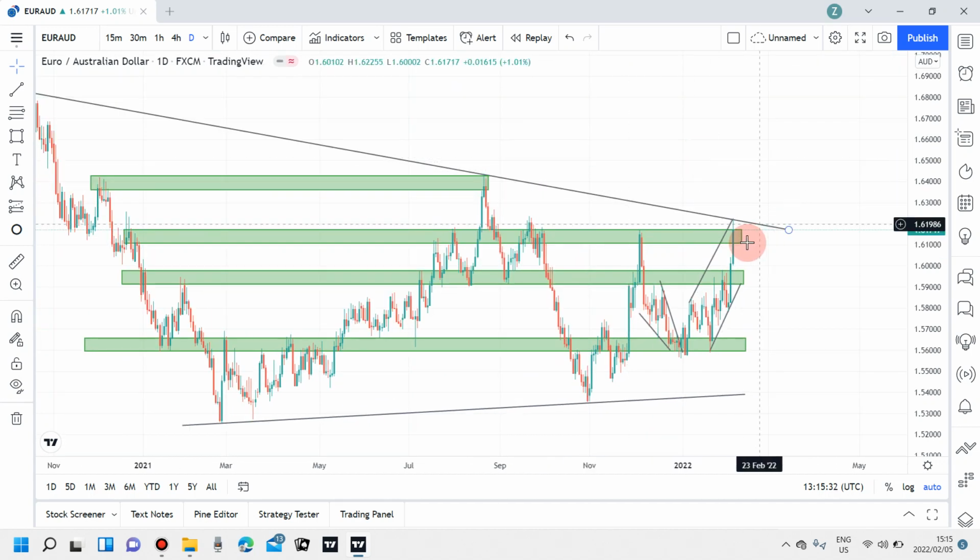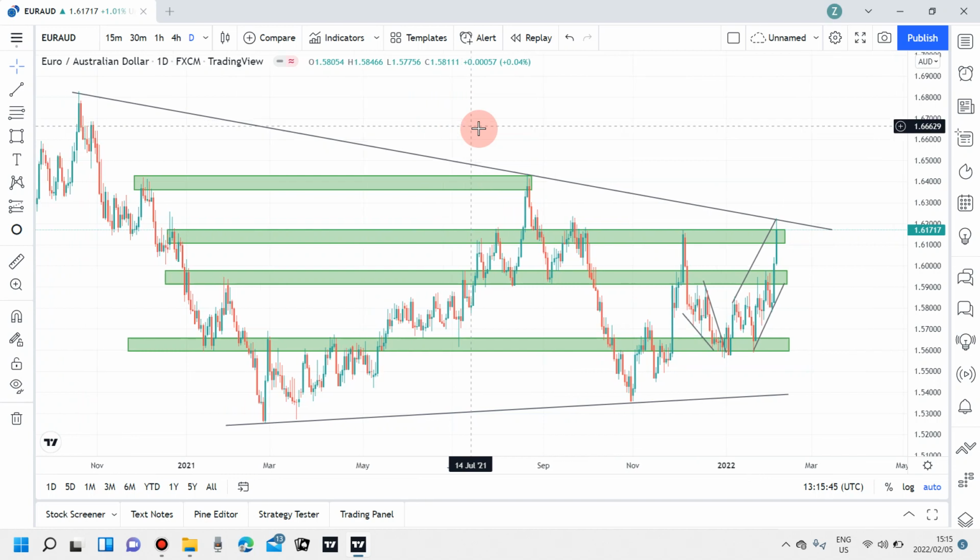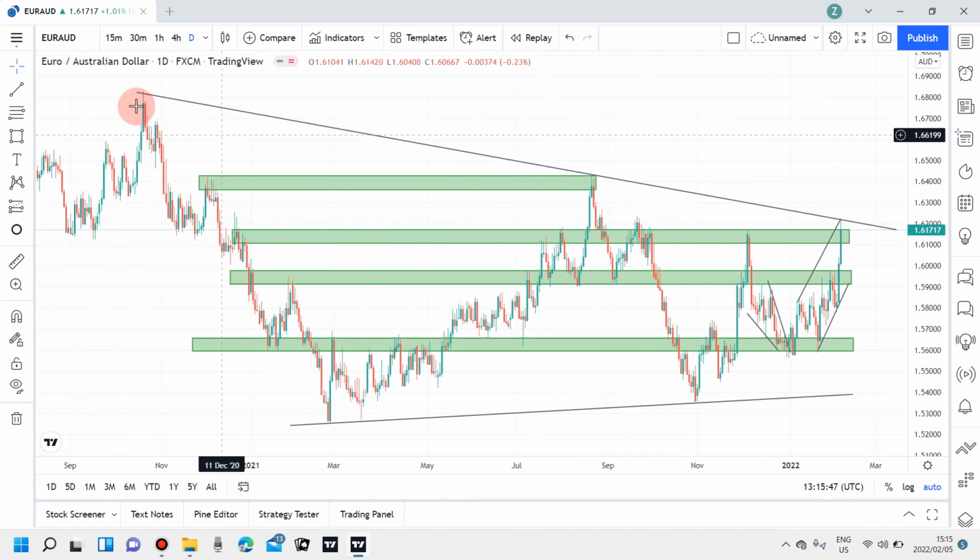On the daily time frame, you see this wick, and normally when you see large wick rejections like these, it simply means that the market has a higher chance of reversing. As you can see here, there's a wick.